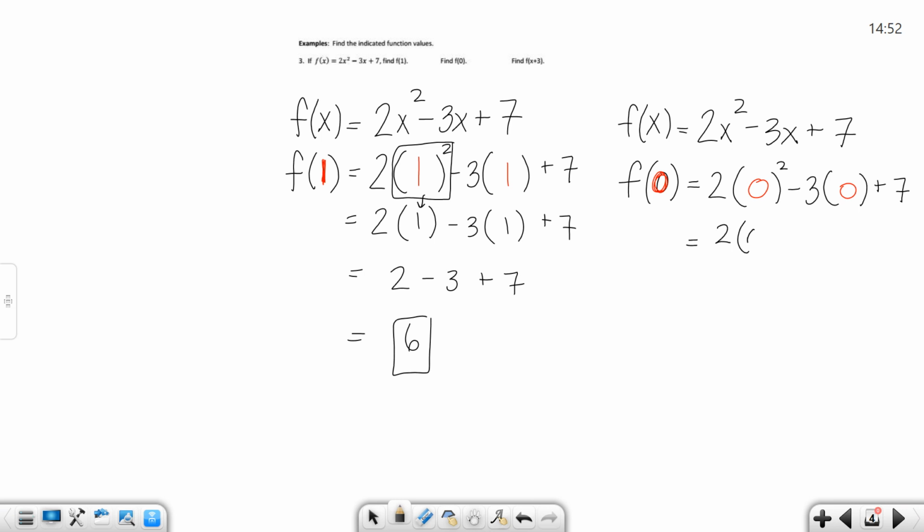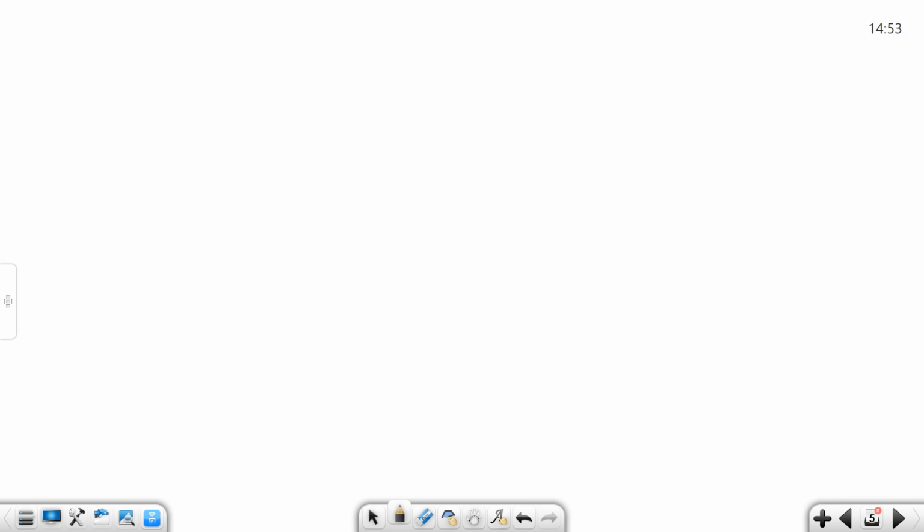Simplifying it out, that would be 2 times 0 squared minus 3 times 0 plus 7. 0 minus 0 plus 7 would just give me a value of 7. That's how you would evaluate the functions if you just had regular numbers to plug in. But what if you do have an expression to plug in?